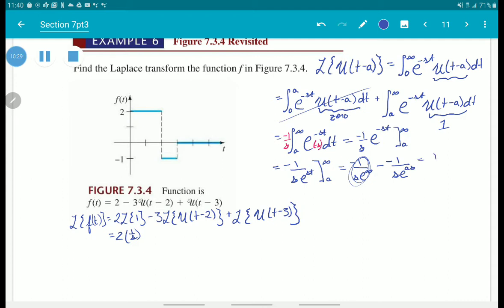So we've got 1 over s e to the as. And we can rewrite that as e to the negative as over s. So then we just showed the Laplace of the unit step of t minus a is equal to e to the negative as over s.